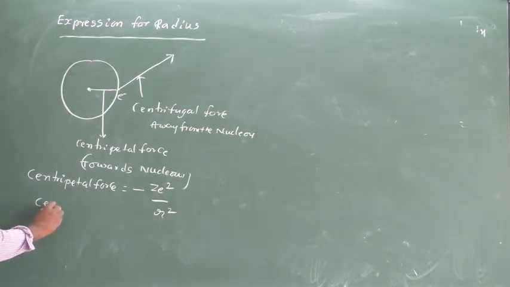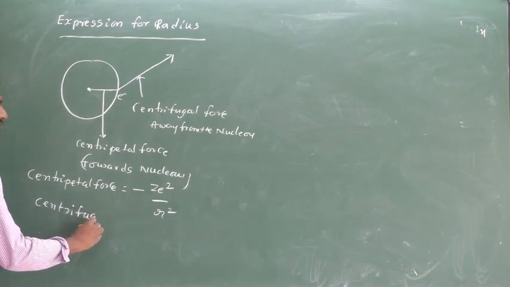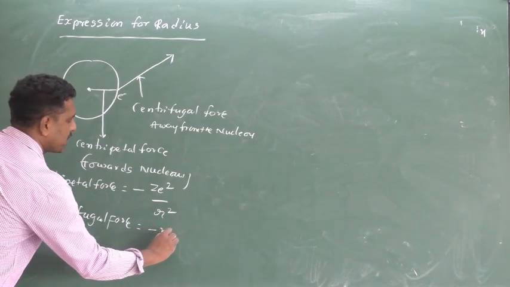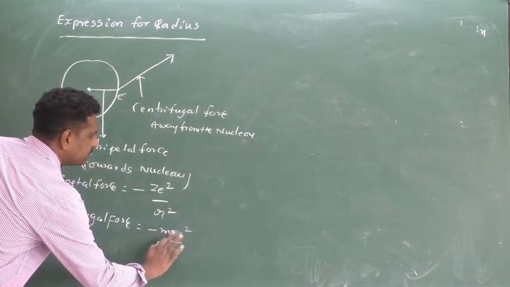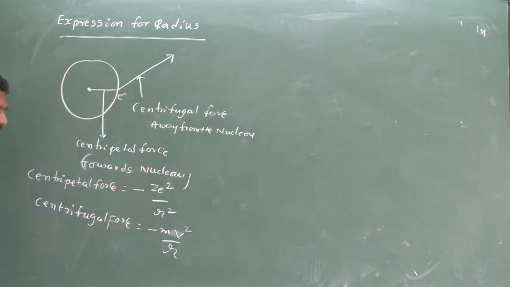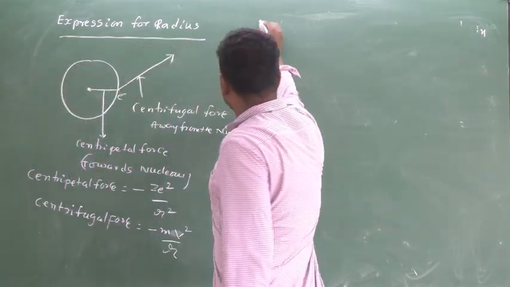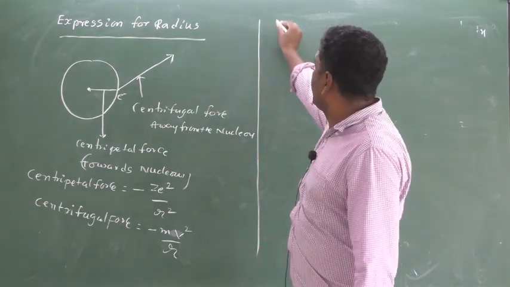And centrifugal force is equal to minus mv square by R. Here m is mass, v is velocity, Z is atomic number, and e is the electron charge.